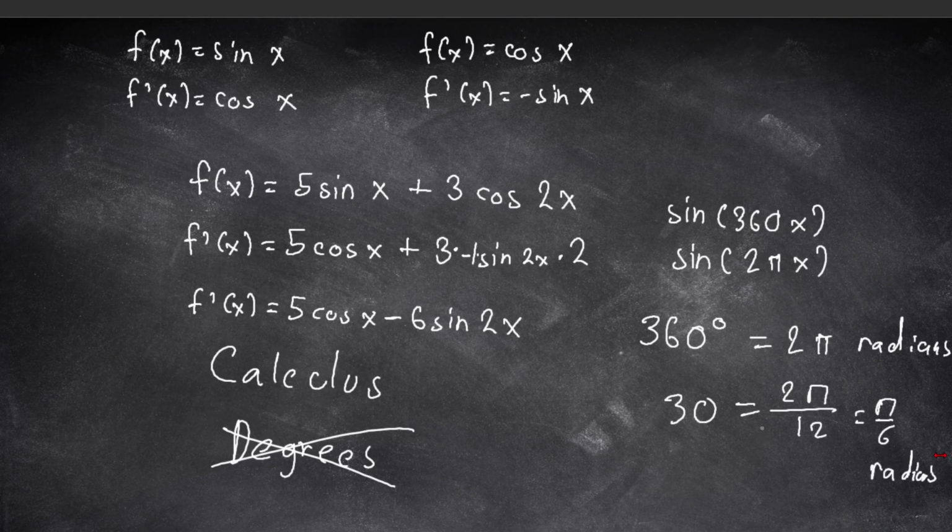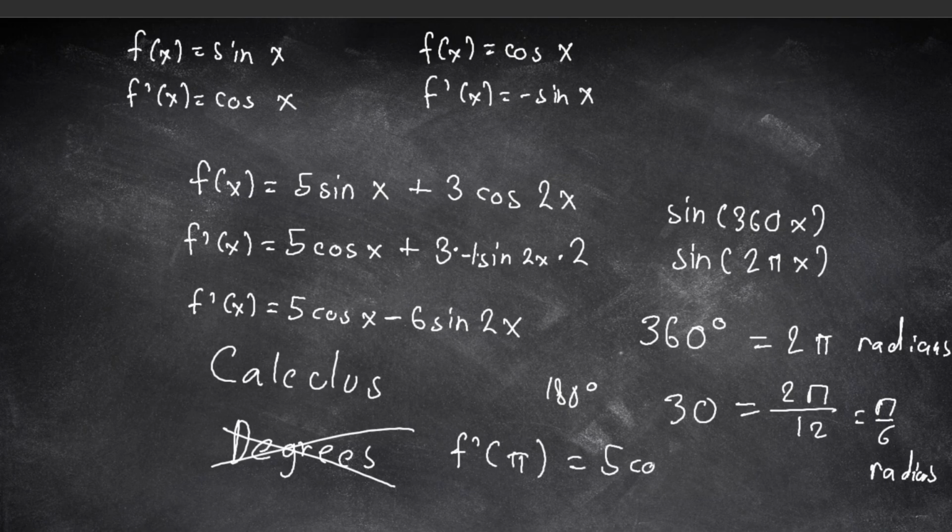So instead of using degrees, you're always going to use radians. If we wanted to find the derivative of this function at 180 degrees, we're not going to use 180 degrees. 360 divided by 180 is 2, so 2 pi divided by 2 means we're using pi radians.